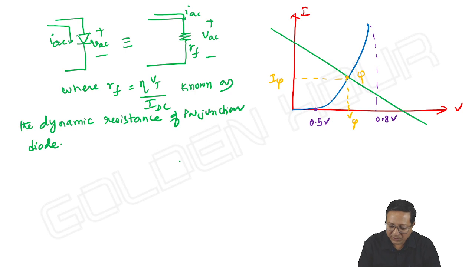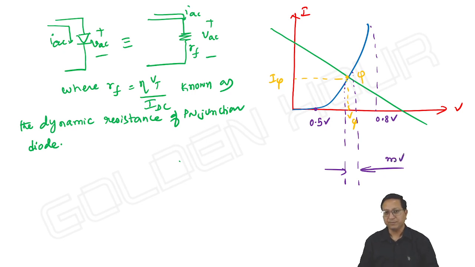Now, with respect to the operating point, I'm taking a small elemental portion, delta V. And what about its range? Its range is millivolt. Very small. The minimum is 0.5, maximum is 0.8, and in between, a small elemental portion.